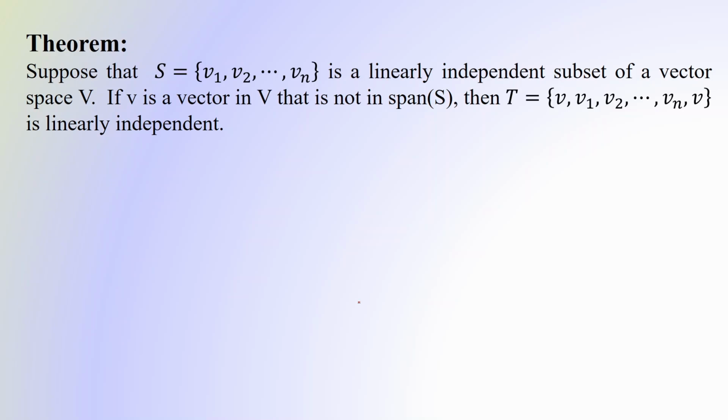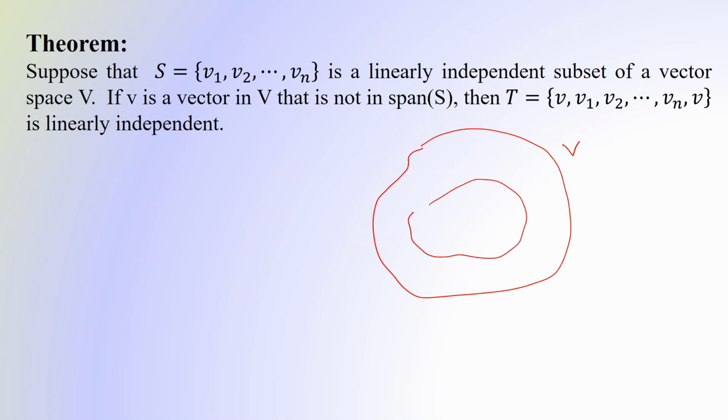subset of a vector space V. We don't know the dimension of the vector space V. If v is a vector in V that is not in span S, then T = S ∪ {v} is linearly independent. So what it says is that if we have a vector space V containing v1, v2, ..., vn, they are linearly independent.